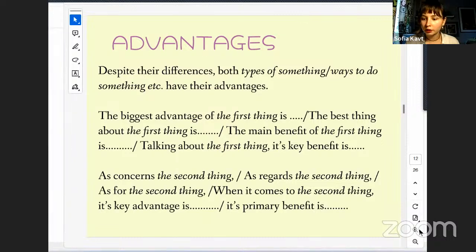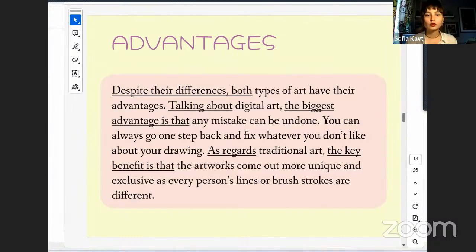Let's take a look at the modal answer. So here's what I wrote. I wrote, despite their differences, both types of art have their advantages. Talking about digital art, the biggest advantage is that any mistake can be undone. You can always go one step back and fix whatever you don't like about your drawing.